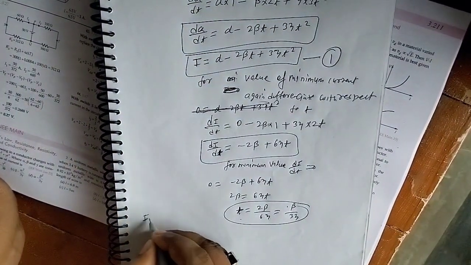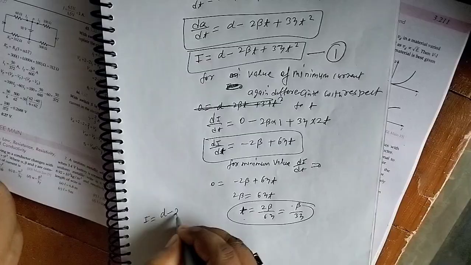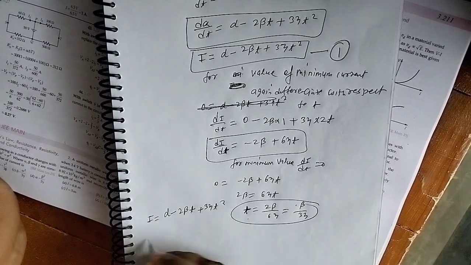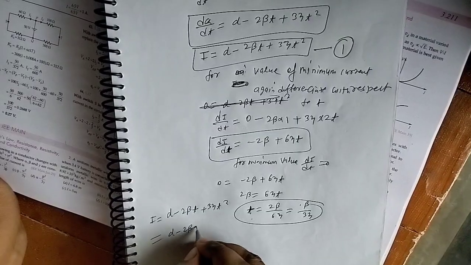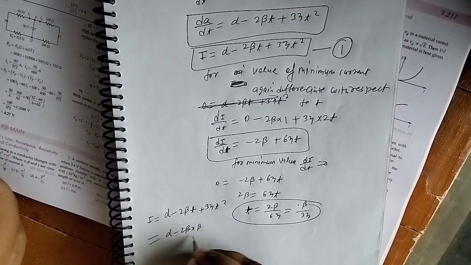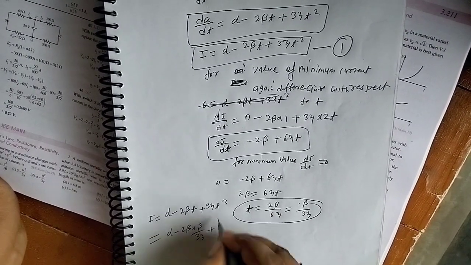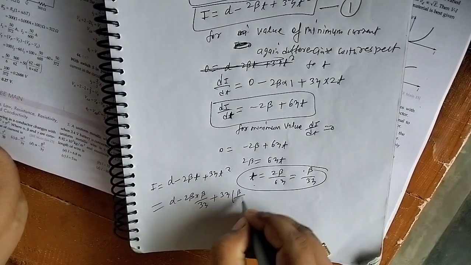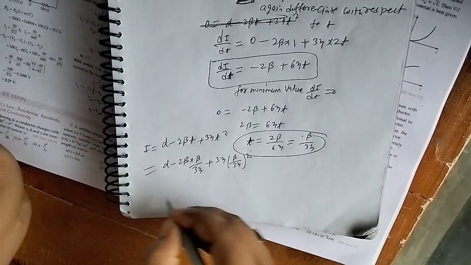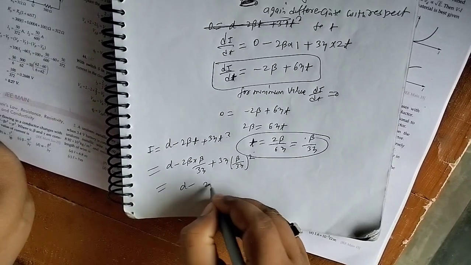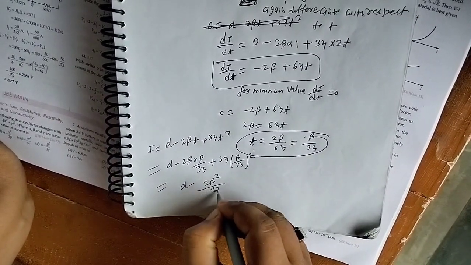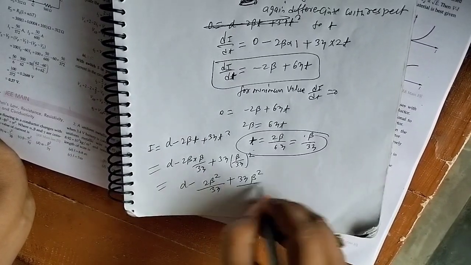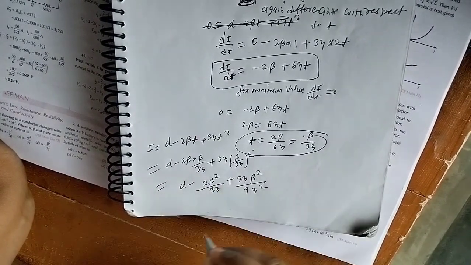Then I equals alpha minus 2 beta t plus 3 gamma t square, which is alpha minus 2 beta times beta by 3 gamma plus 3 gamma times beta by 3 gamma whole square. So alpha minus 2 beta square upon 3 gamma plus 3 gamma beta square upon 9 gamma square.